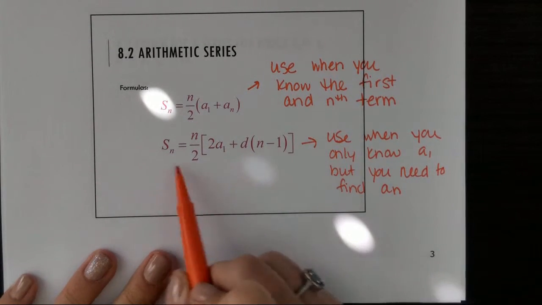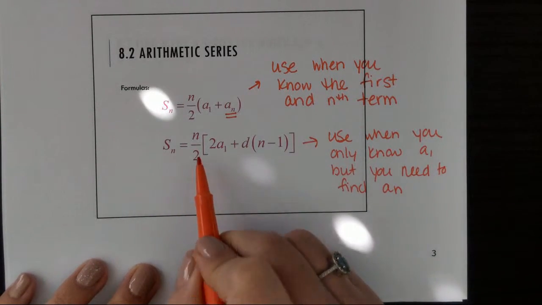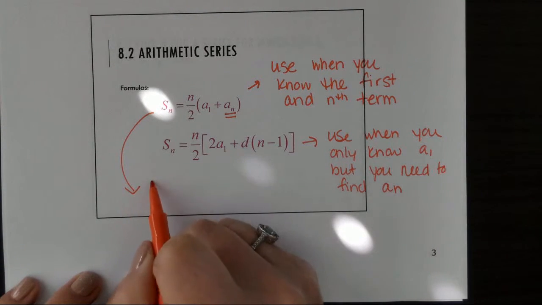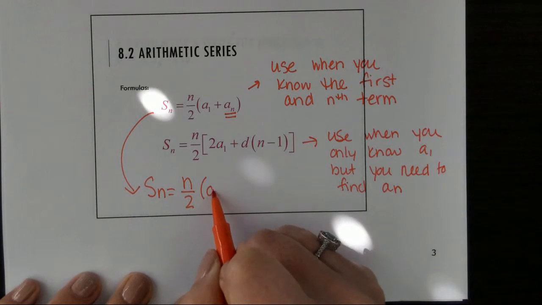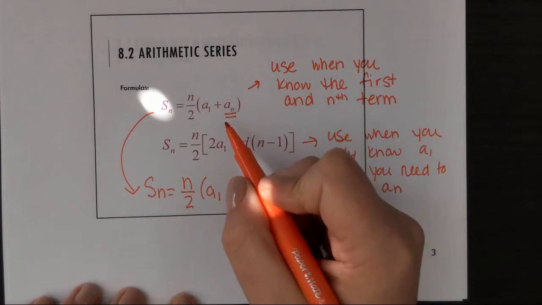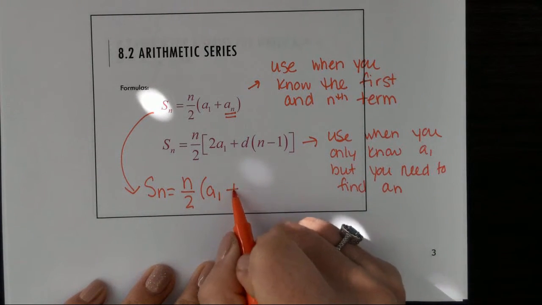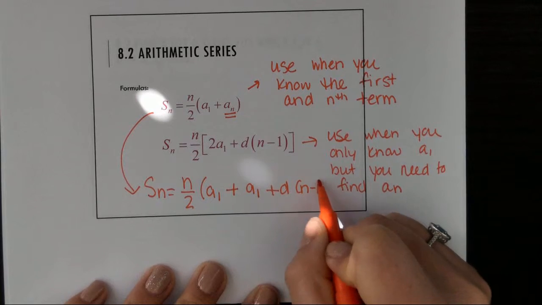The way that this formula comes about is, I'm just going to rewrite this formula down below. We know that our explicit formula for a sub n is a sub 1 plus d times n minus 1.